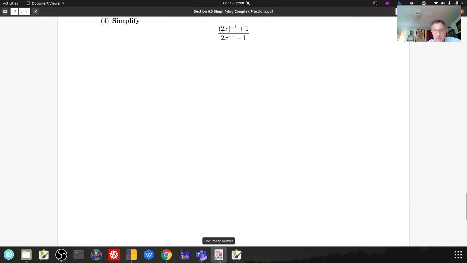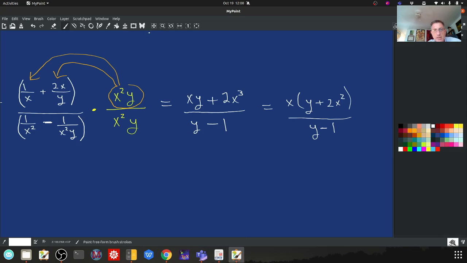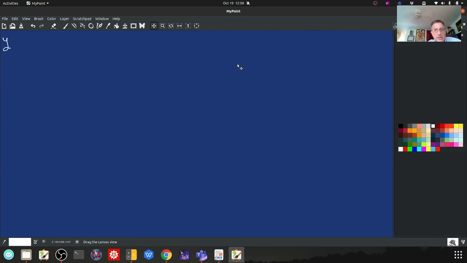So let's do this one. Notice right here that the base of this is my 2x, and the 2 times x is raised to the minus 1 power. So this is number 4, I think.